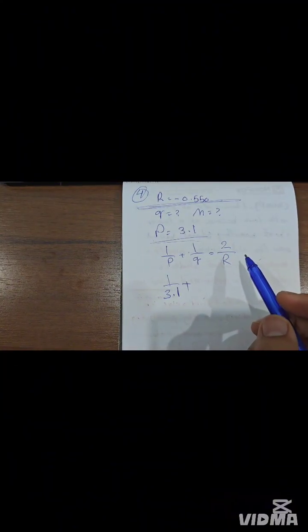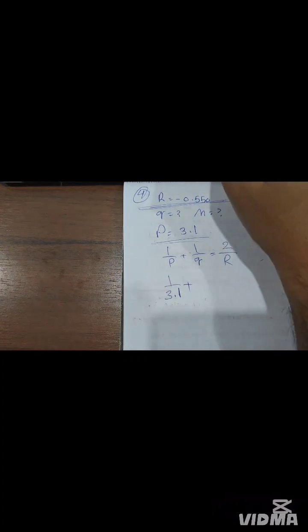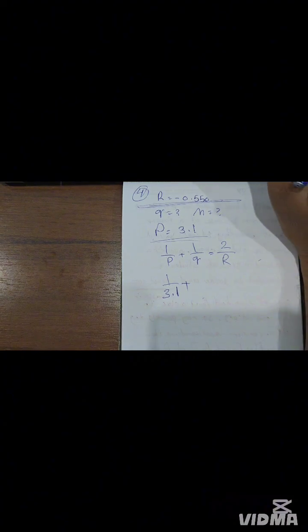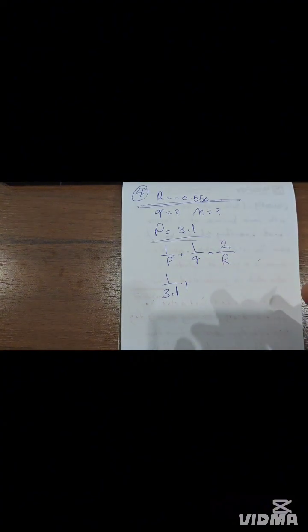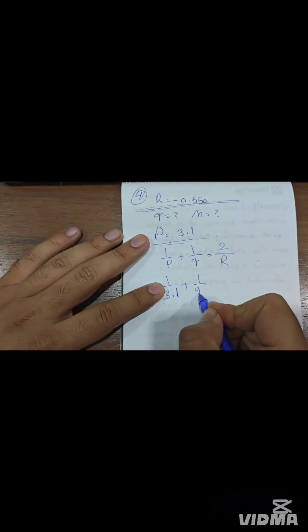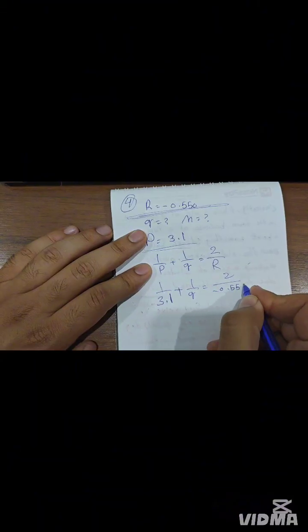Plus we have to find the value of Q, 1 over Q equal to 2 over the radius negative 0.550.